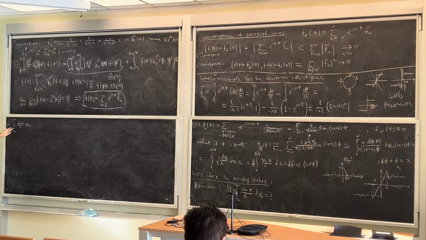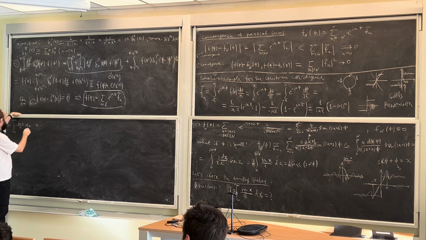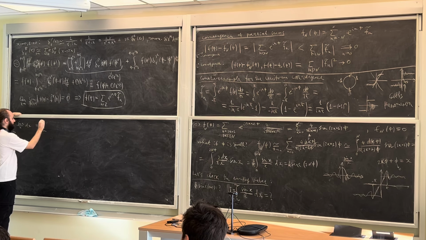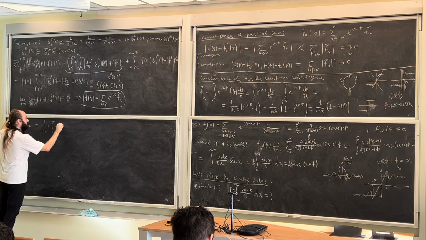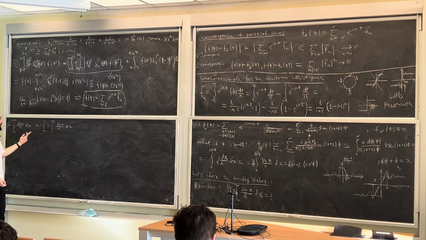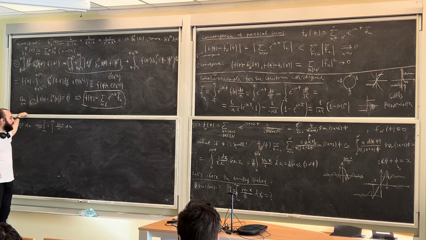In principle it could have a singularity at 0, but since sine of x over x has a limit, there is no singularity. But anyway, let us remove a small part of the real axis just in case. It's the same integral because the function had a limit. We can write a limit as epsilon goes to 0.